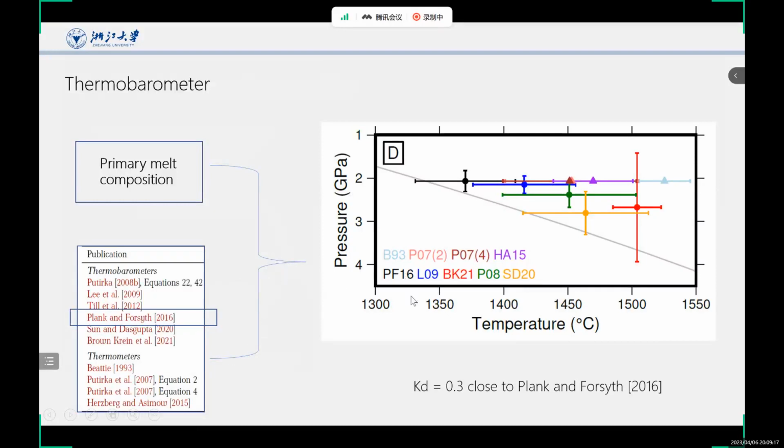They think that when the partition coefficient is set to 0.3, the result is close to the original result from Plank and Forsyth 2016. They also use other thermobarometers and get other results. They are different. So in the later research, they use this one. They think the Plank and Forsyth thermobarometry is better for their research.